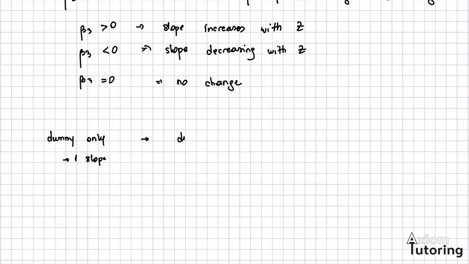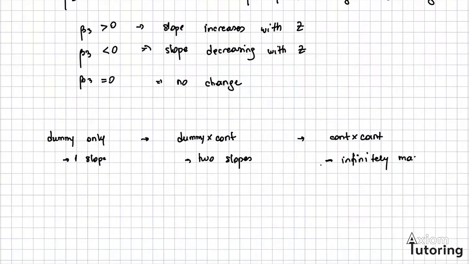We moved into the dummy with continuous variable, where we had two slopes, to finally the continuous times continuous case, where we actually have infinitely many slopes. Okay, so it was a gradual evolution, so to speak. And this is just a smooth version of what you have seen so far.